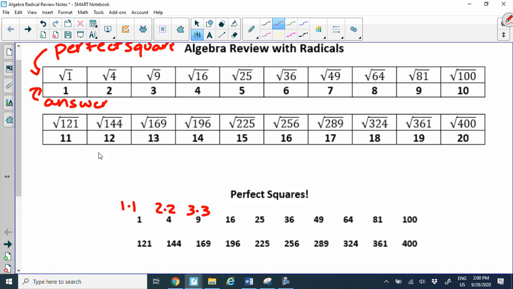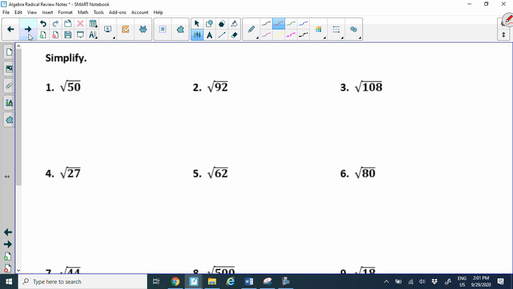Okay, now we're going to use this information to simplify radicals. Let's look at example 1. We have the square root of 50. Now the first thing you need to ask yourself, is 50 a perfect square? This is where you will have to go back to your list. Well, we look? No, it's not. So now we have to think, well, what is the largest perfect square that is closest to 50, okay?